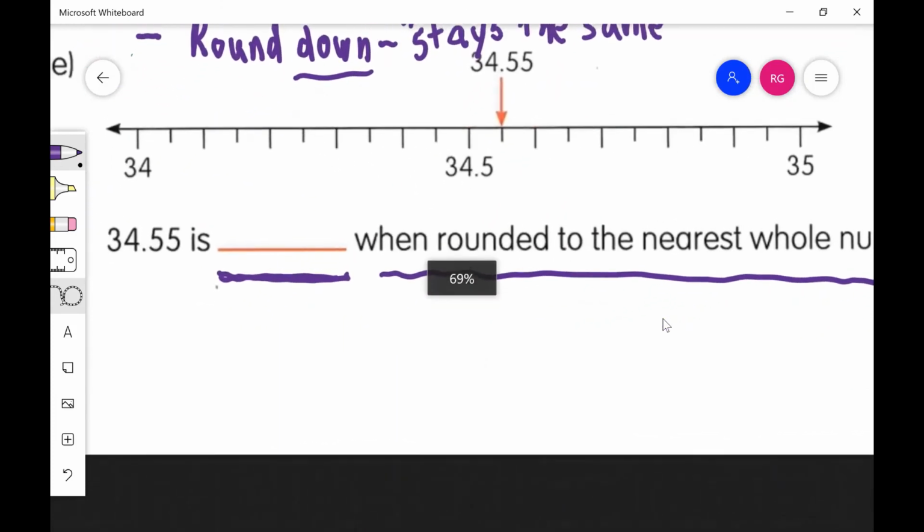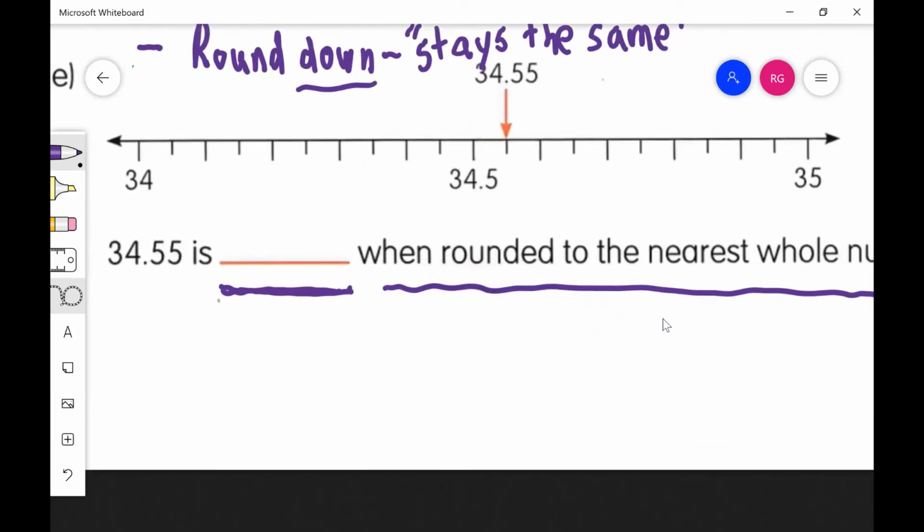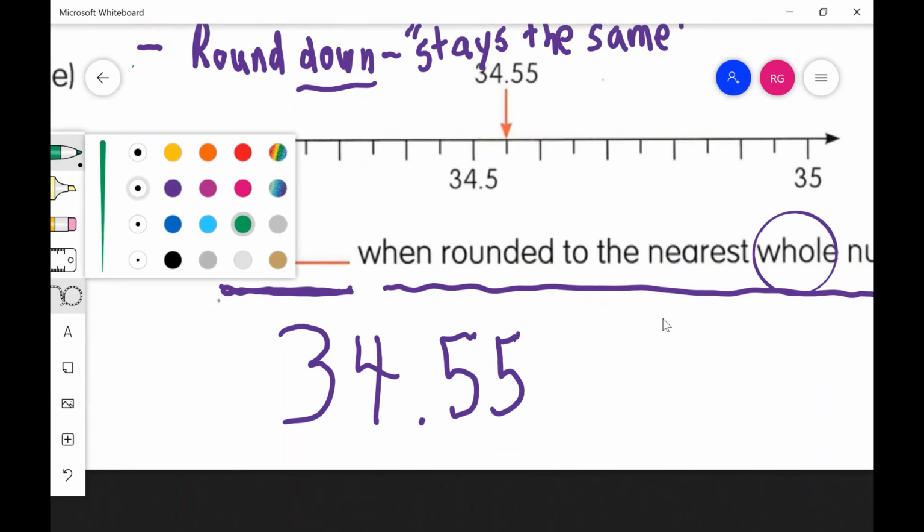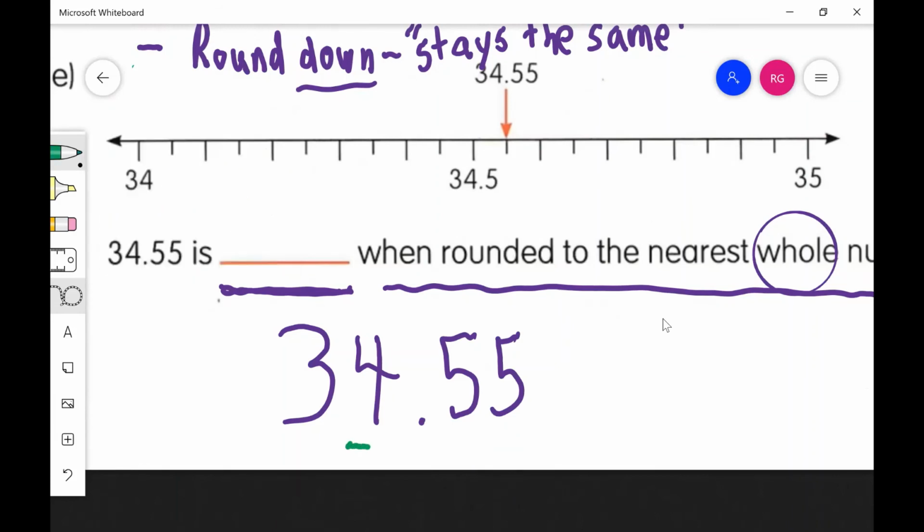So let me write this out. I like to write it out and then write the lines underneath. So 34.55. Which digit is my whole number? Yeah, this 4. So I put the line underneath.